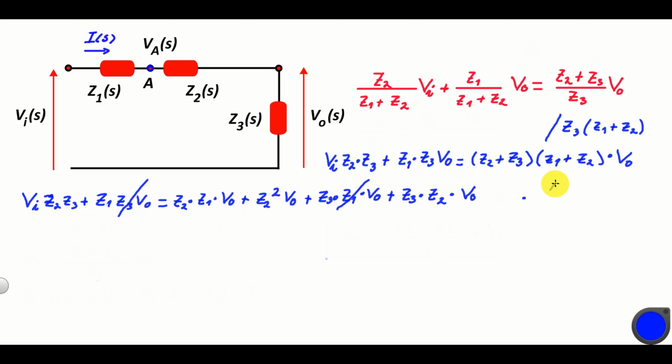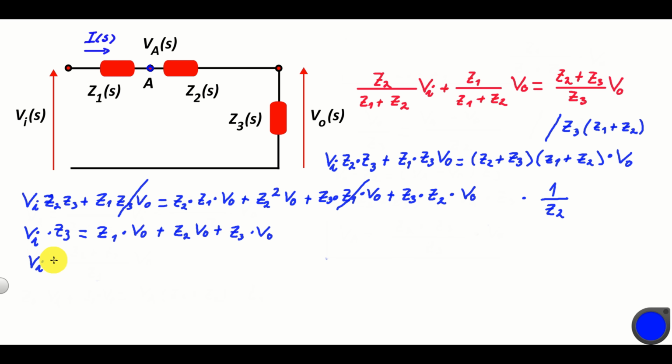Consequently, let's now multiply this by 1 over Z2. And then we obtain VI multiplying Z3 on the left-hand side, and let's see what's happening on the right-hand side. We have Z1 multiplying VO, then we have Z2 multiplying VO, then we will have plus Z3 multiplying VO.